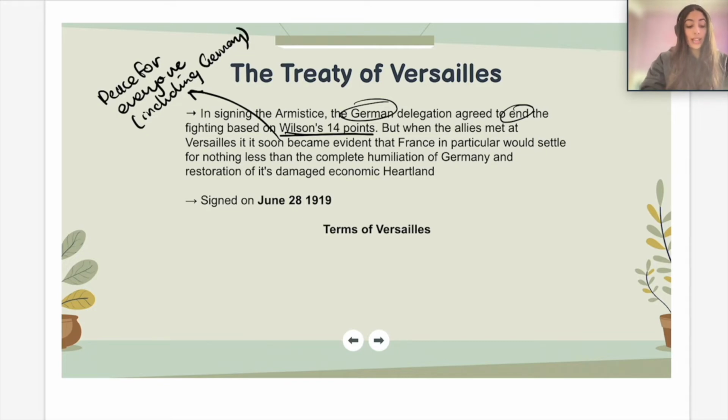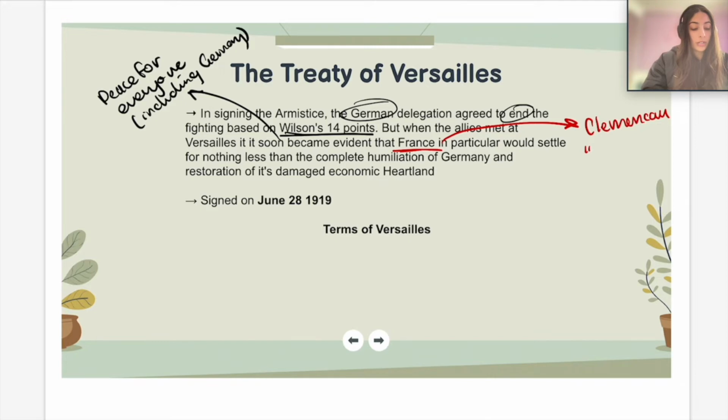However, when the Allies met at Versailles, it became really clear that France in particular, and the representation of France at the Treaty of Versailles, was Clemenceau. So he was the person representing France at the Versailles Conference.